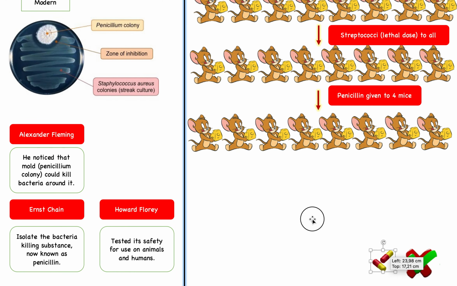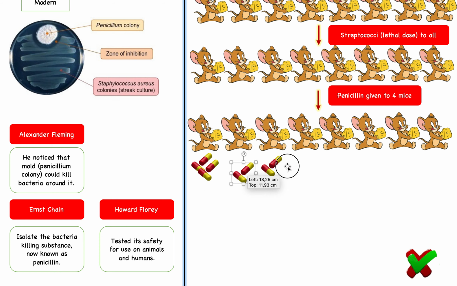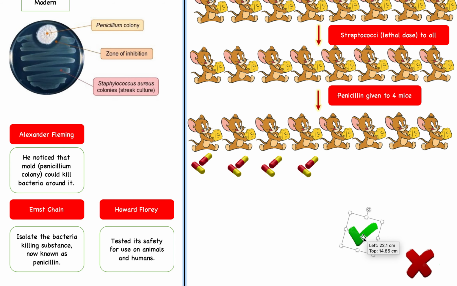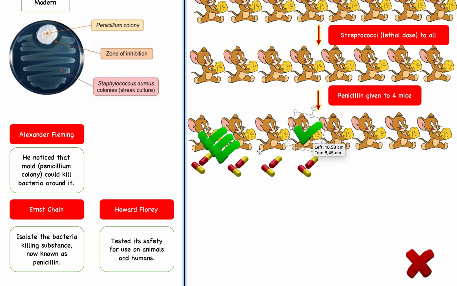So let me show this more clearly. So these 4 had the drug, these didn't. Which one survived, which one didn't? So the 4 that had it survived, and then the 4 that didn't have it died.